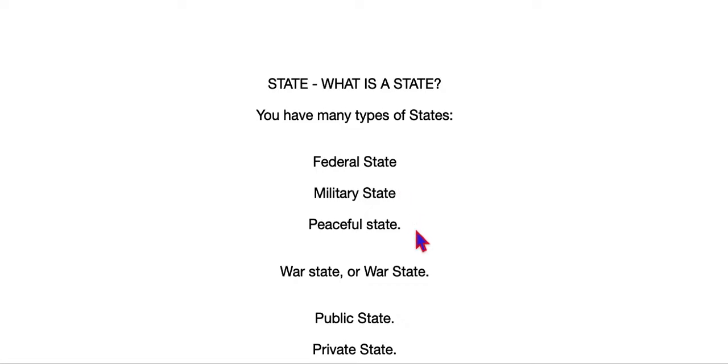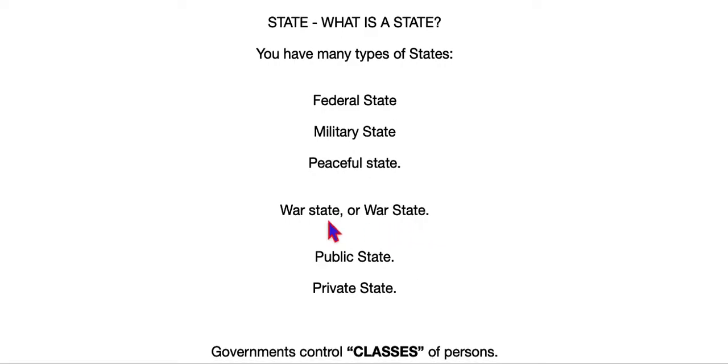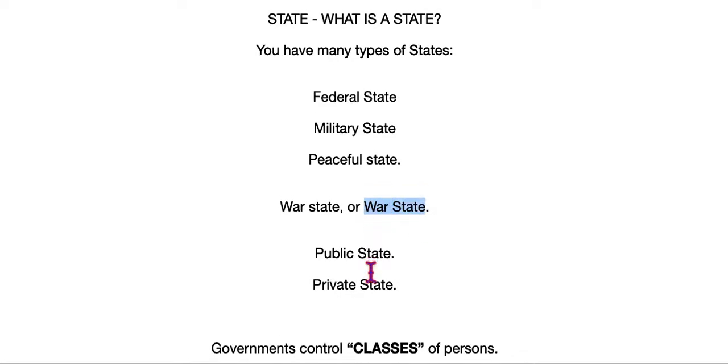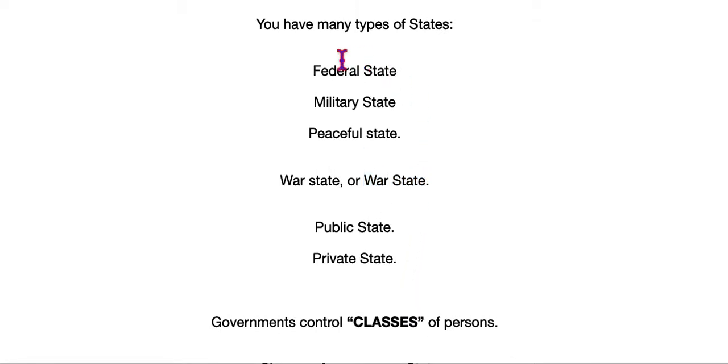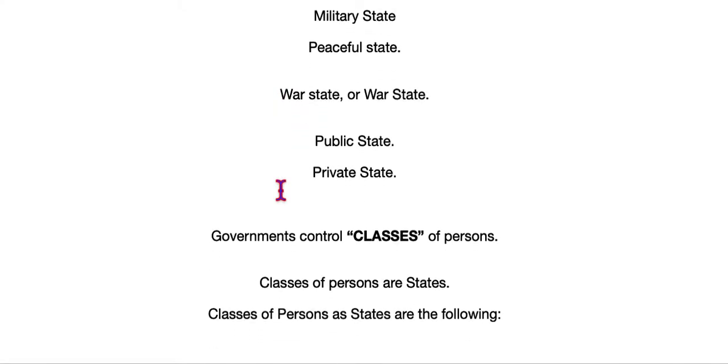A peaceful state, war state, meaning a situation, and meaning an actual department. A public state and a private state. So different types of states depending on what class of person you are. Of course, there's many classes of people. There are wealthy, there are poor.